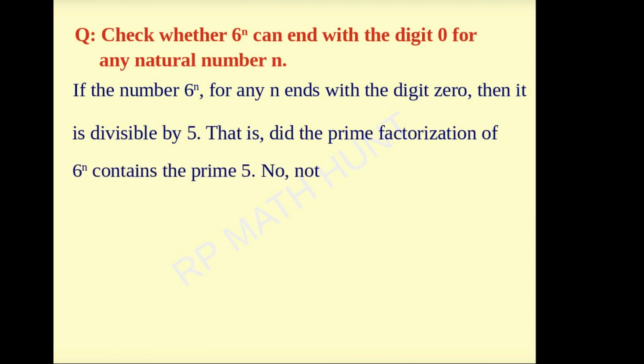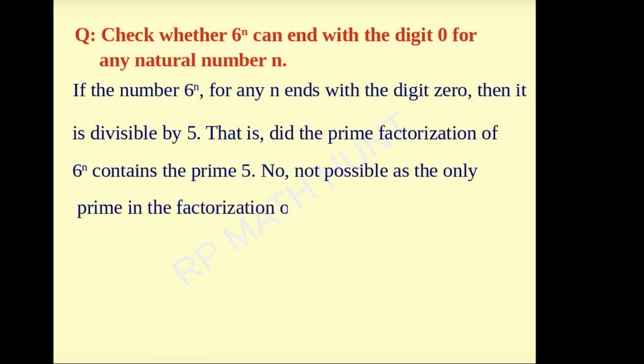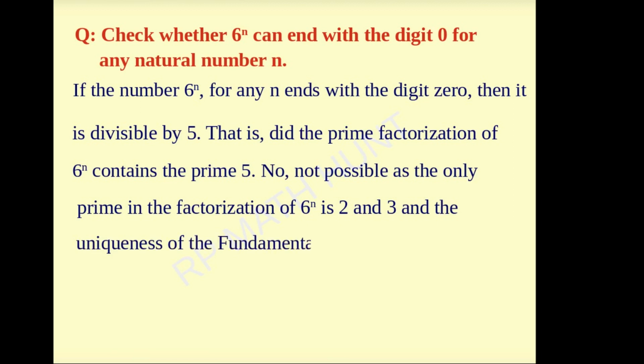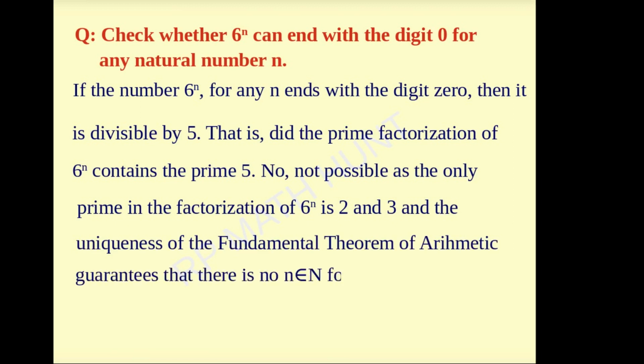No, not possible, as the only primes in the factorization of 6 to the power n are 2 and 3. And the uniqueness in the fundamental theorem of arithmetic guarantees that there is no n belonging to N for which 6 to the power n ends with digit 0.